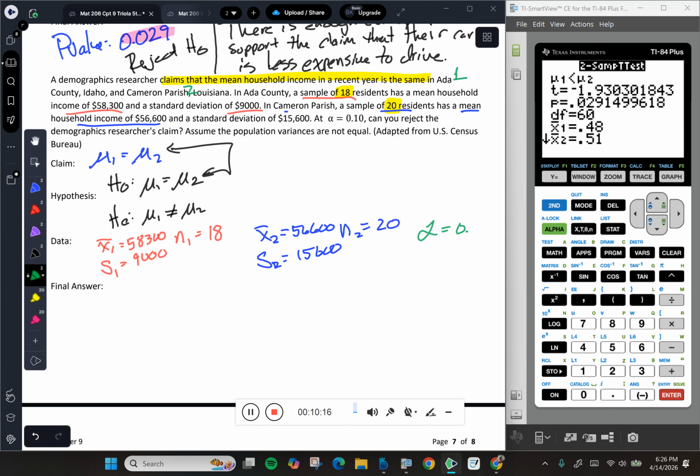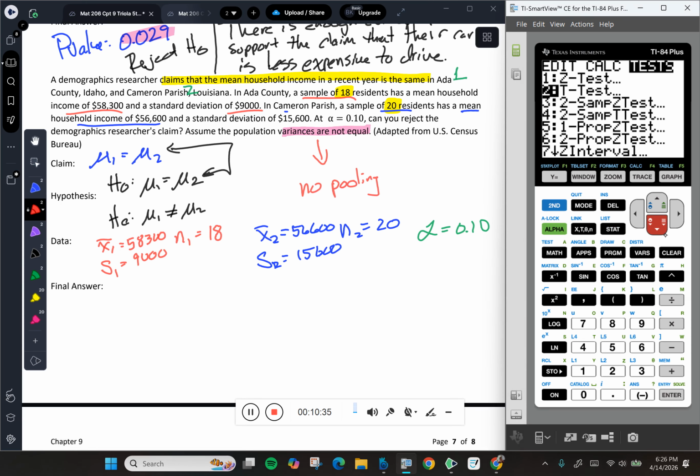Alpha level 0.10. Variance is not equal, so no pooling. I think I've got what I need. Stat, 2-sample t-test, because sample standard deviations.